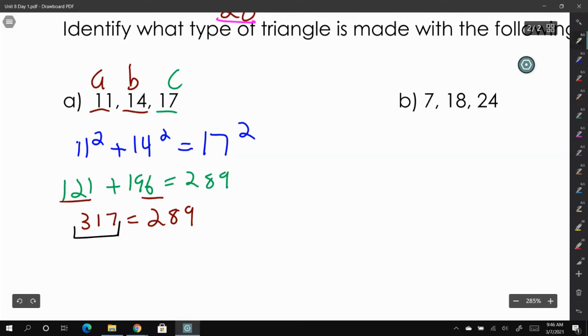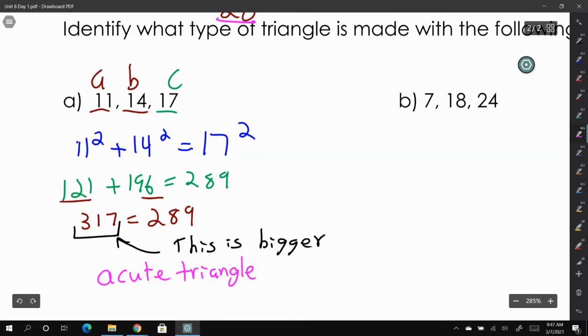So if this number is bigger, when you add up your A squared and B squared together, and that's what I did here on the left, I did 11 squared plus 14 squared, and I got 317, which is bigger than 289. So this side is bigger. What this means is that we have an acute triangle, where all the angles are less than 90 degrees.